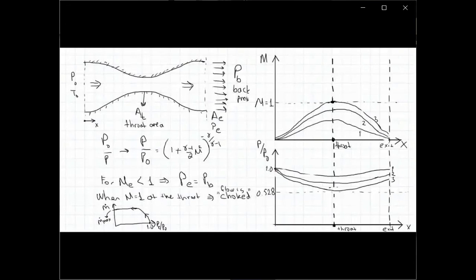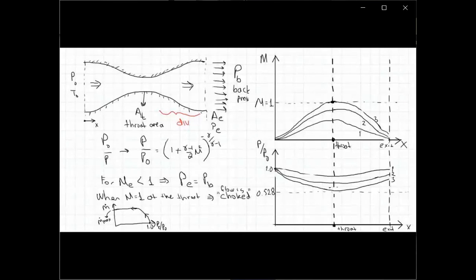In order to reach that objective, to obtain fully supersonic flow at the diverging part of the nozzle, just to remind you, it's here, we will keep reducing the exit pressure. However, as we just discussed, it's not going to affect what's happening upstream of the throat.